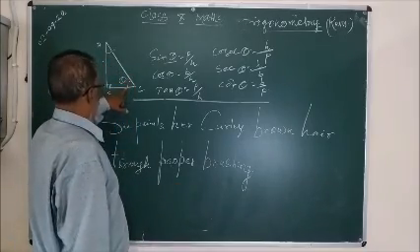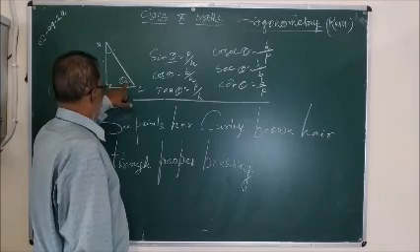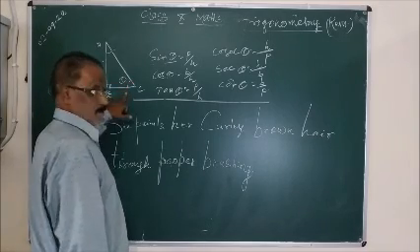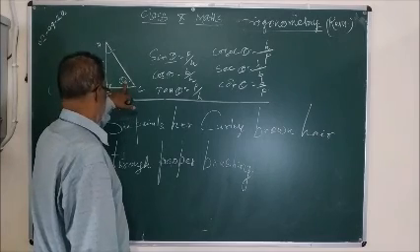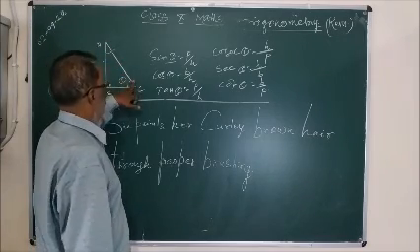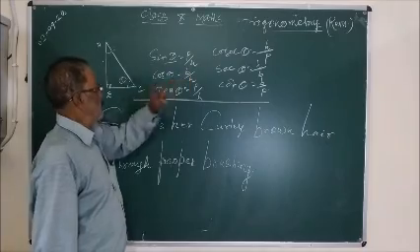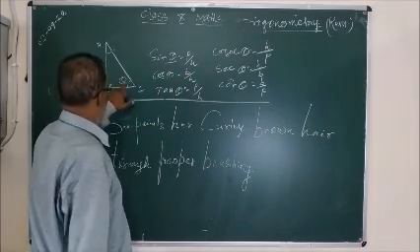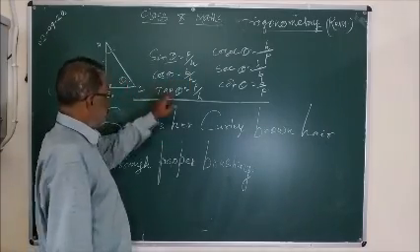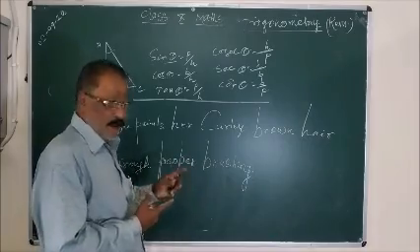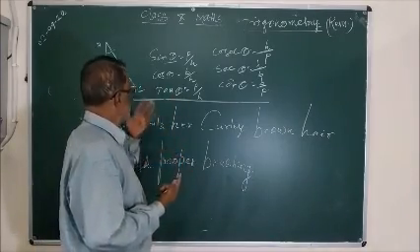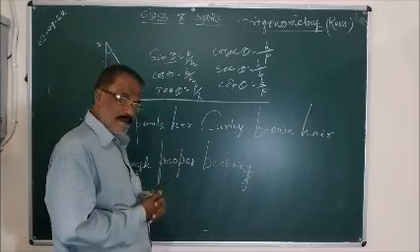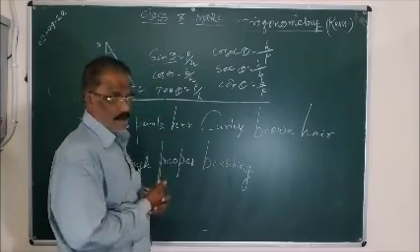Cos theta is the side adjacent to theta upon hypotenuse, that is B by H. And tan theta, it does not mean tan into theta, no. That is understood as tan of this angle, sine of this angle.